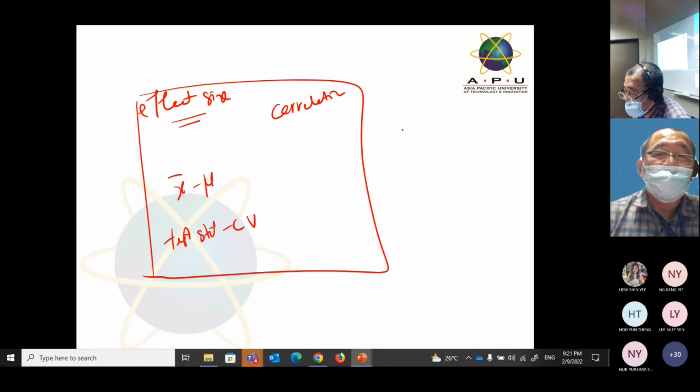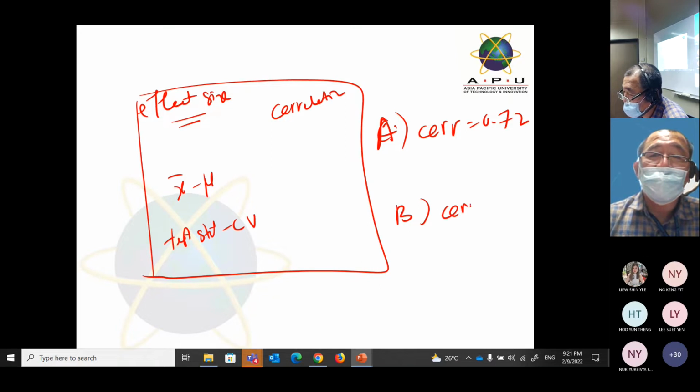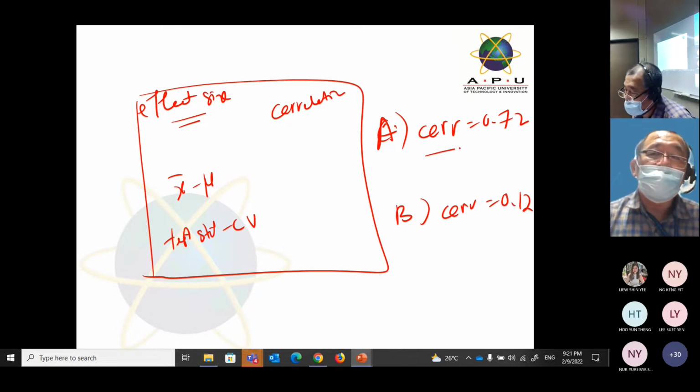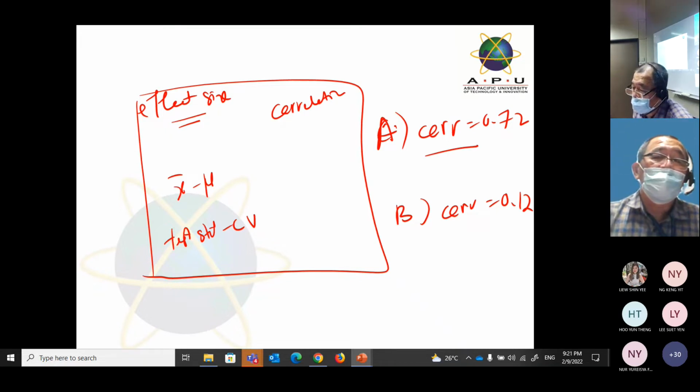Example, let's say you got two cases, case A and case B. For case A, the correlation is 0.72. For case B, the correlation is equal to 0.12. Case A is easier to reject the null hypothesis.